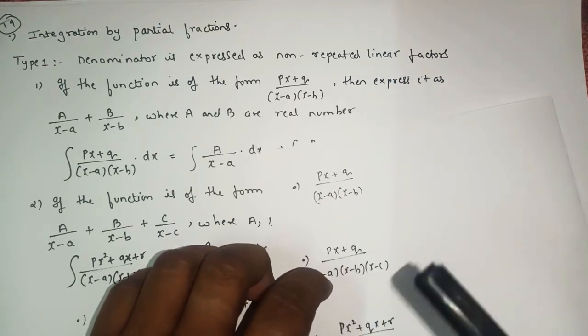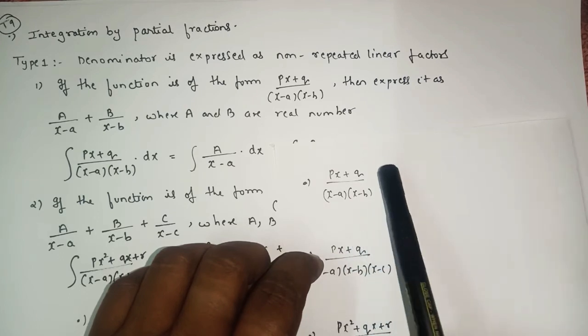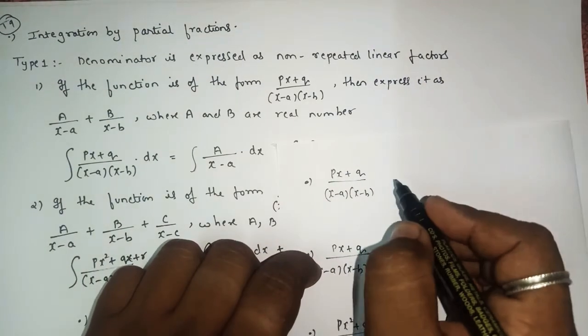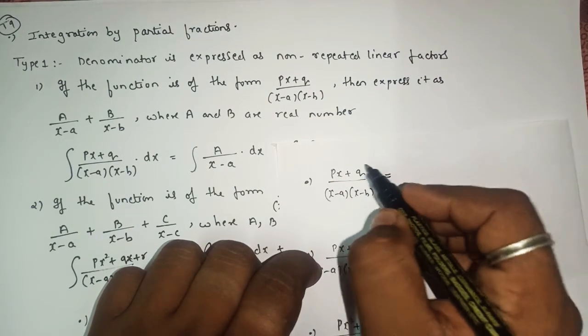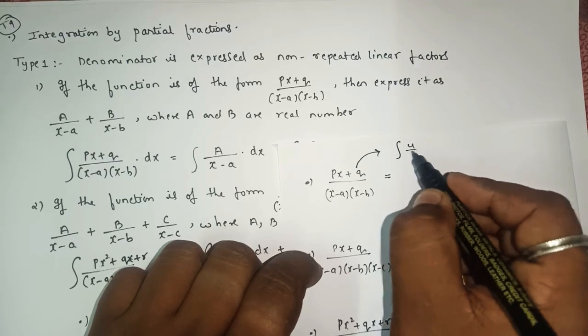Whenever you come across a function in the form px plus q upon x minus a, x minus b, you will express it differently, because in integration we don't have a formula for integration of u by v.